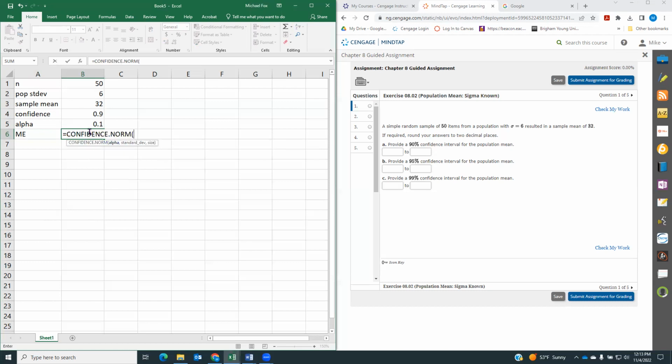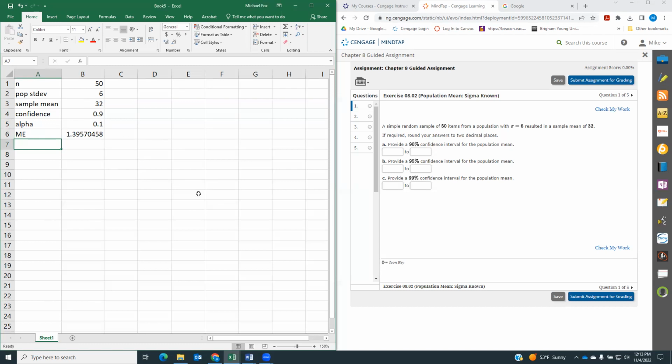And then all it asks for is the alpha, the standard deviation, and the size, meaning the sample size. So that function, CONFIDENCE.NORM, will calculate the margin of error for us given the alpha, the population standard deviation, and the sample size. So there's my margin of error.